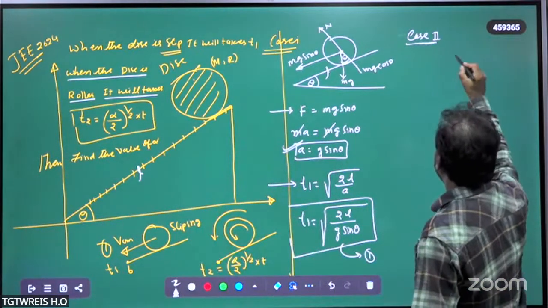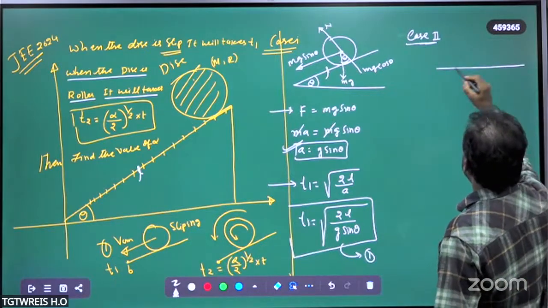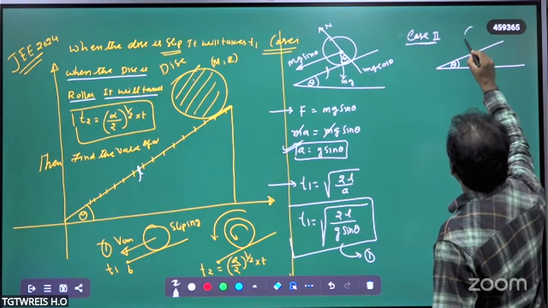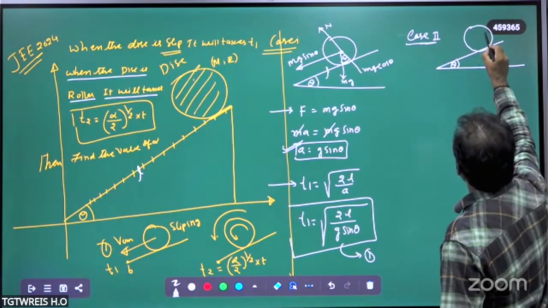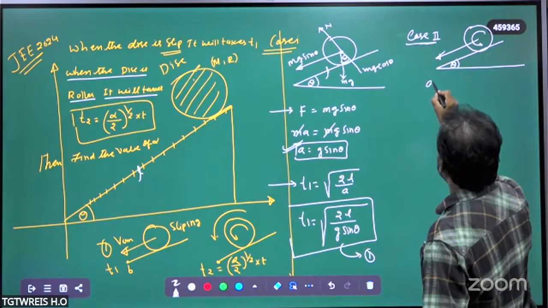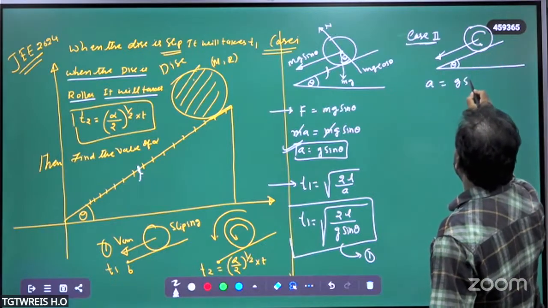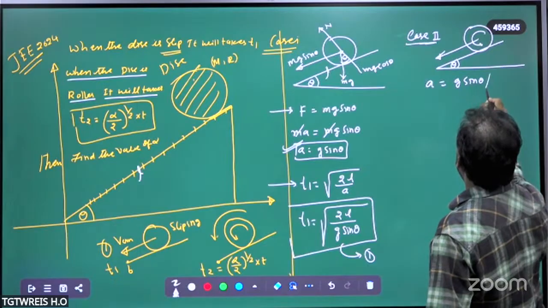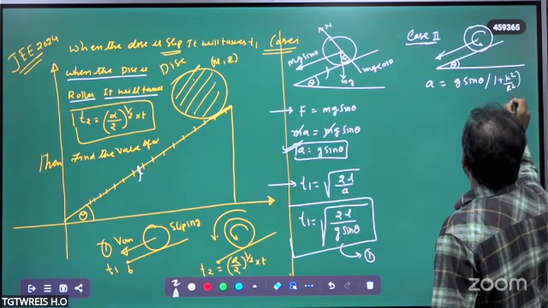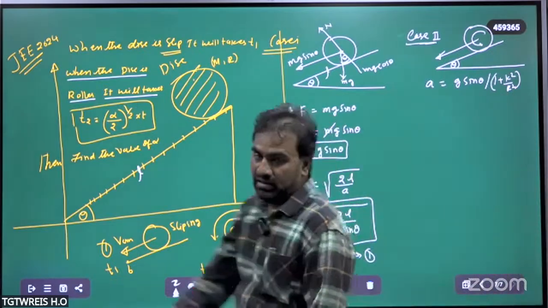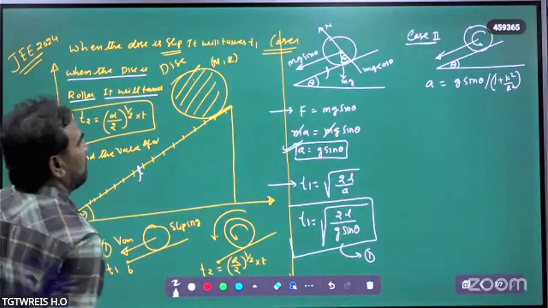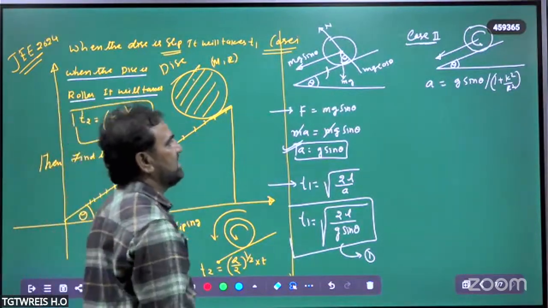When it is rolling, the center of mass is moving with acceleration a equal to g sin theta upon 1 plus k square upon R square.